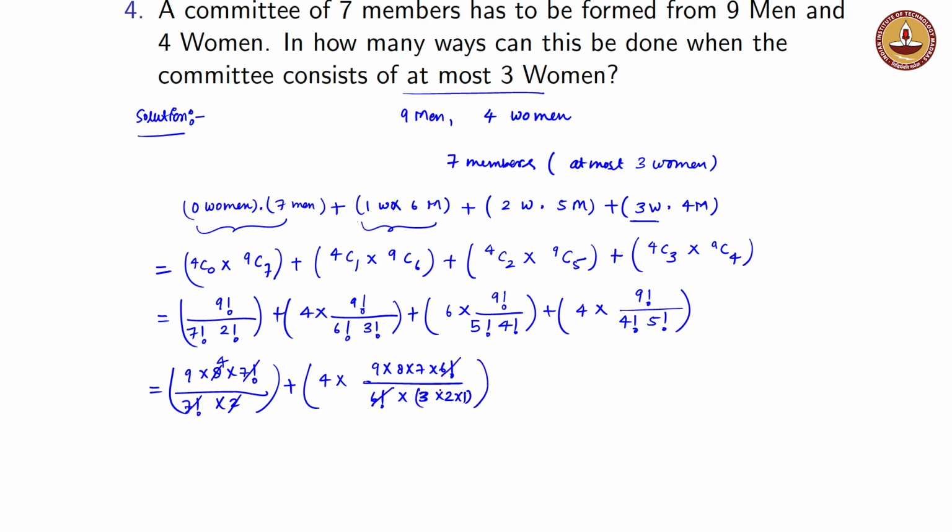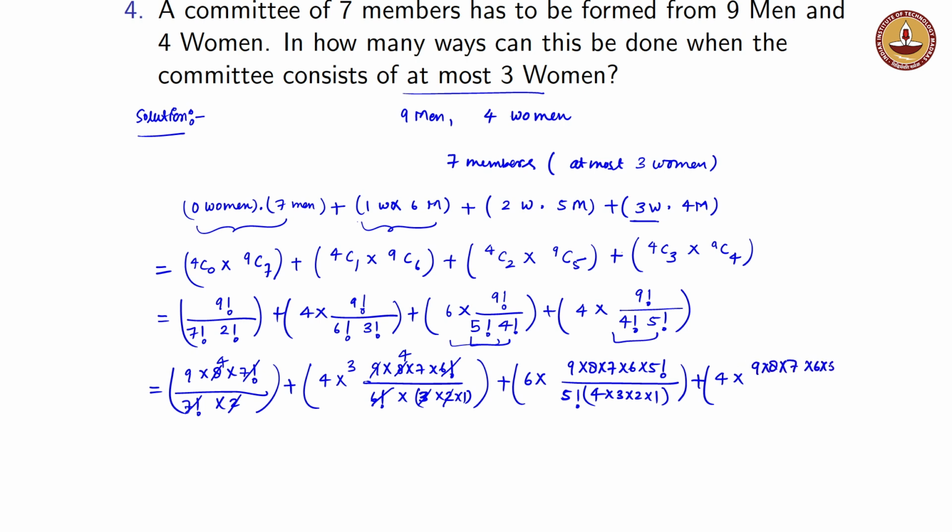This 6 factorial will get cancelled out, this will become 3, and this will be 4, plus 6 into 9 into 8 into 7 into 6 into 5 factorial, with 5 factorial in the denominator, and 4 factorial I can write 4 into 3 into 2 into 1, plus the last part will again be 4 into 9 into 8 into 7 into 6 into 5 factorial divided by 5 factorial, and 4 factorial I can write 4 into 3 into 2 into 1.